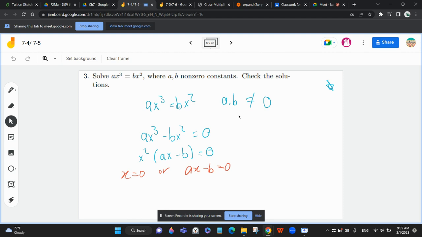So for this ax minus b to be 0, you can deduce that if you add b to both sides and then you divide both sides by a, you get the other solution is b over a.